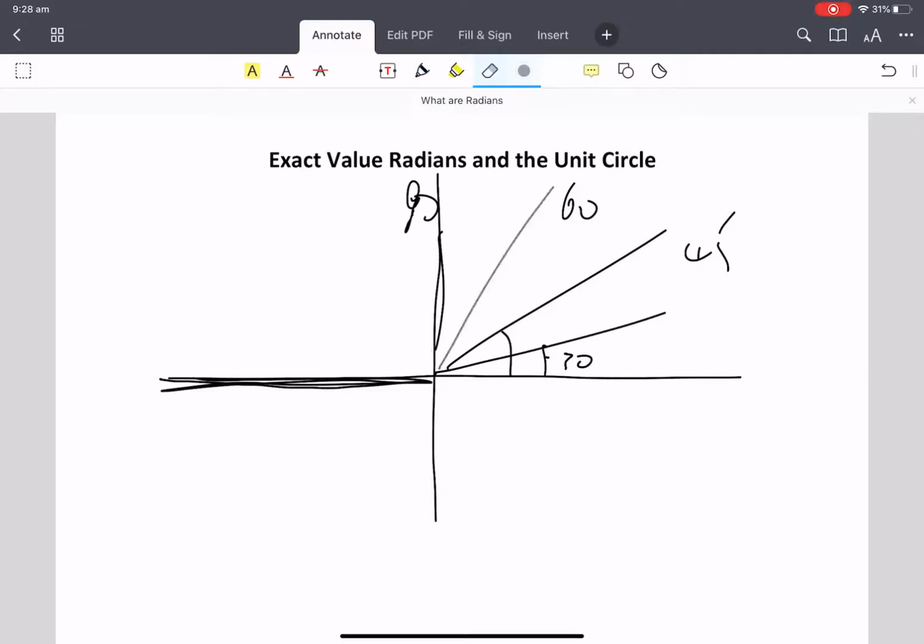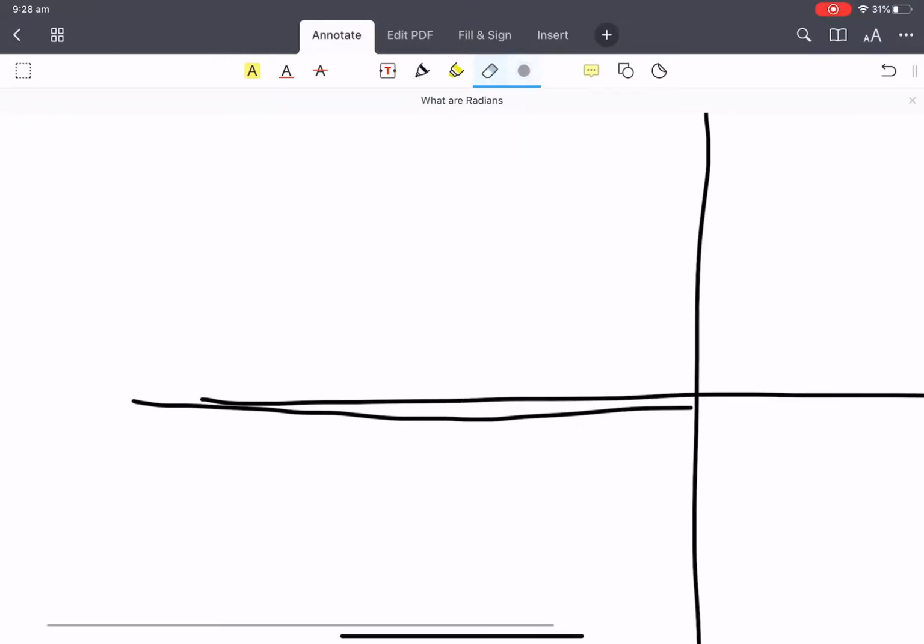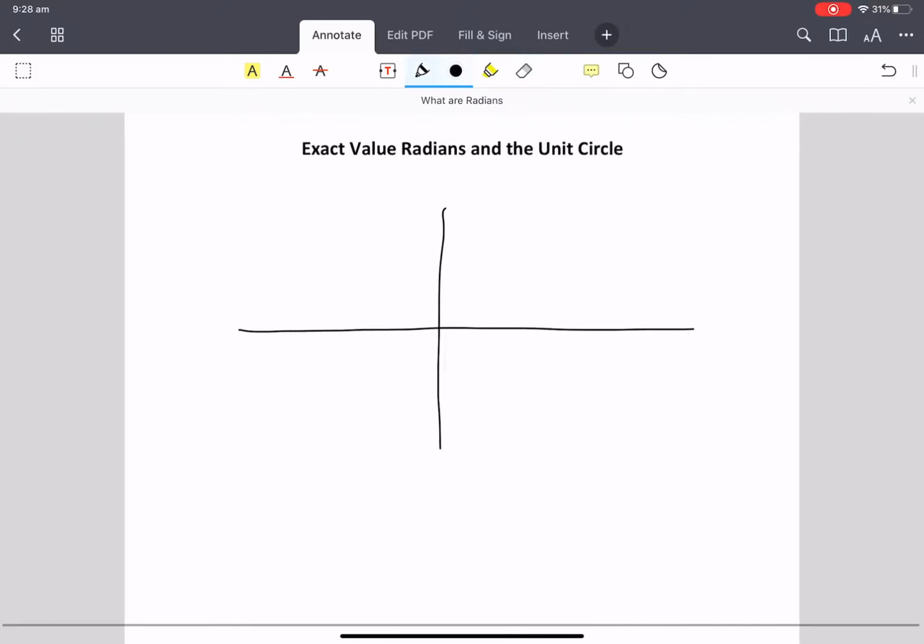Easiest way to think about that is, that is pi.